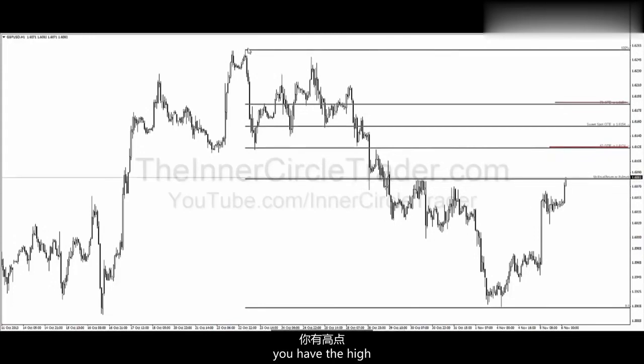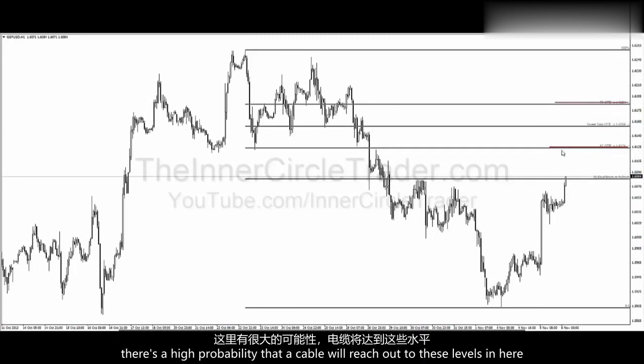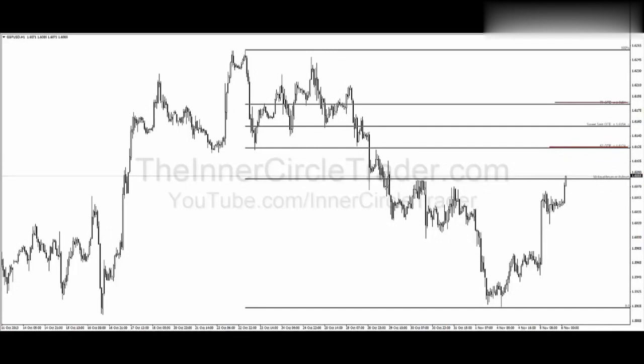You have the high down to the lowest low. You see what resides over here? Here's the 62%, sweet spot, and 79% retracement level. There's a high probability that the cable will reach up to these levels in here.